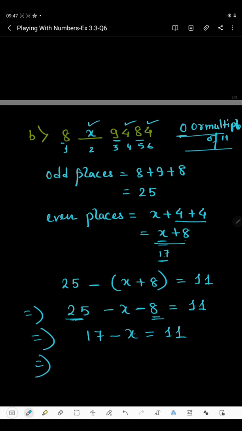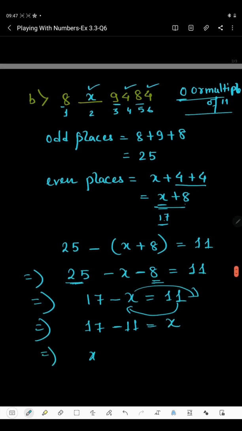Now taking x to the other side and 11 to the left-hand side, 17 remains the same, 11 moves from the right-hand side to the left-hand side so its sign changes, and minus x moves to the right-hand side so its sign changes, minus becomes plus. So the value of x will be 17 minus 11, which is 6.